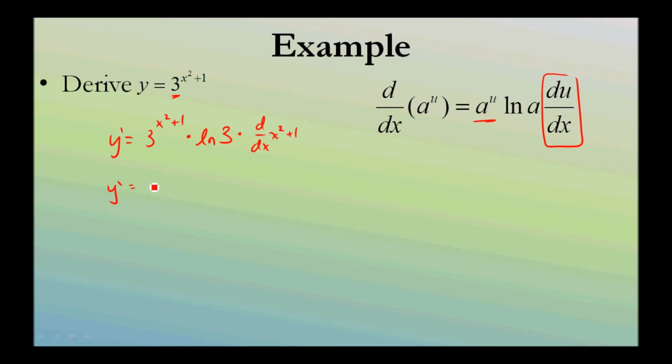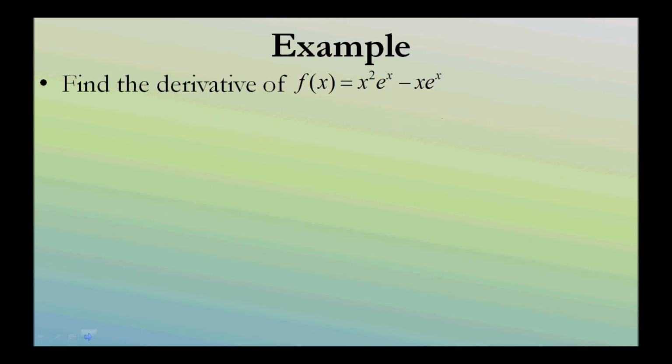So y prime is equal to 3 to the power x squared plus 1 times natural log of 3 times 2x. And this is a much more useful result than trying to multiply out natural log of 3, and then multiplying it by the 2 and getting some strange decimal. This is a much more useful answer.